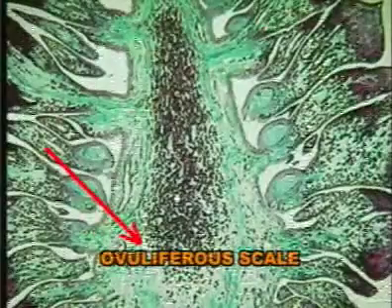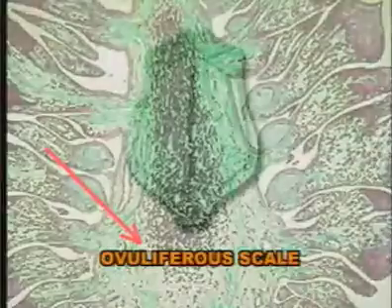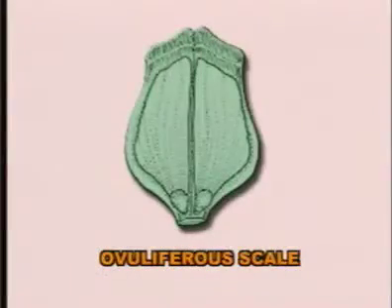On the ovuliferous scale, at the base of it has 2 ovules. The ovule of Pinus is orthotropous unitegmic. That means it is made up of one integument. These integuments are made with 3 layers.